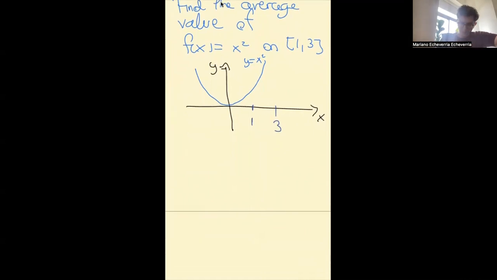So the average value, again, is essentially you find the area under the curve and divide it by the length of the interval.